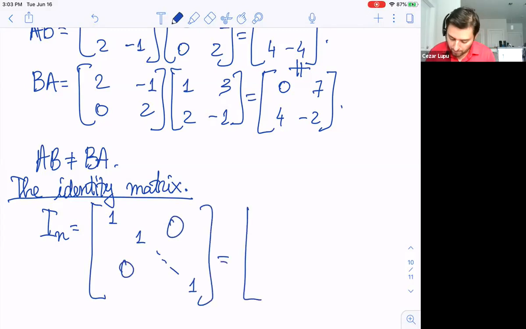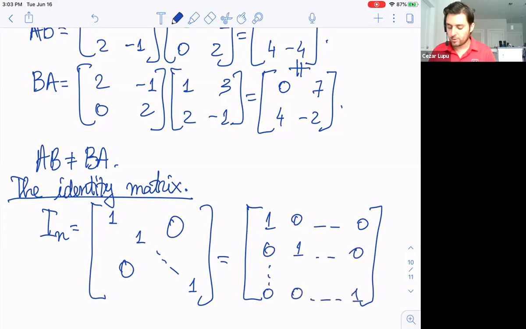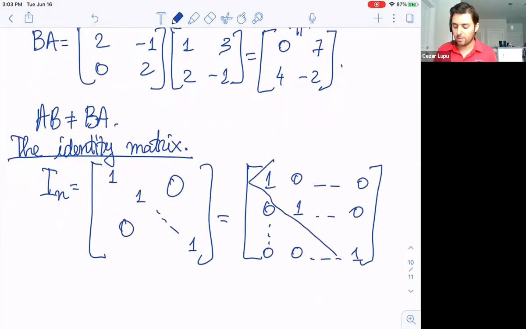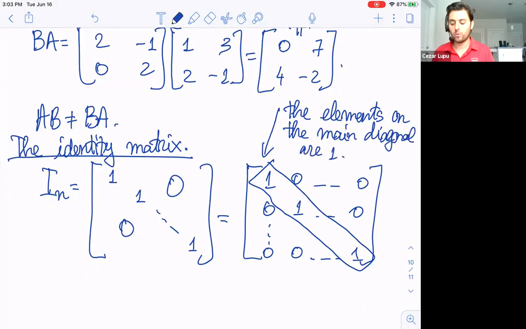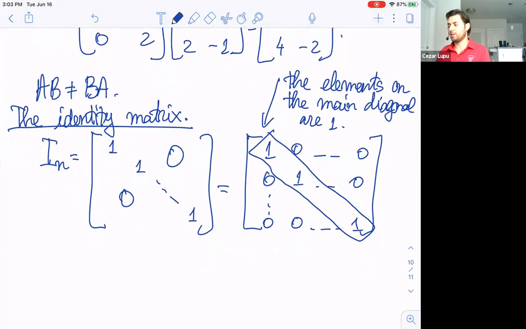If you want to write it, 1, 0, 0, 0, 1, 0, all the way to 0, 0, 1. So the elements on the main diagonal are equal to 1. That's what it means for the matrix to be an identity.